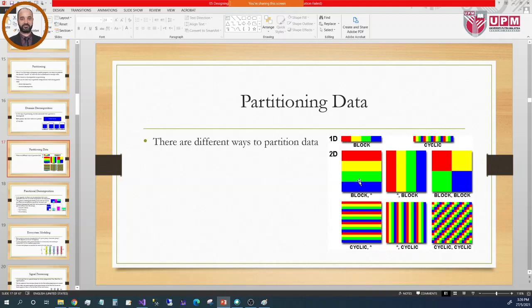Okay, so here you can break it based on the rows, based on the columns, based on the rows and columns at the same time, or whatever. It's possible. It depends on the nature of the program or the nature of the problem. There are different ways to partition data, as you can see here.